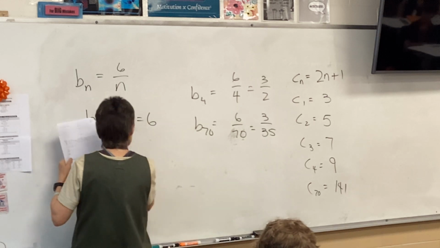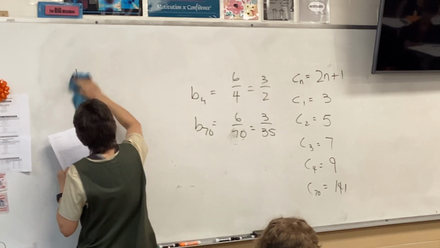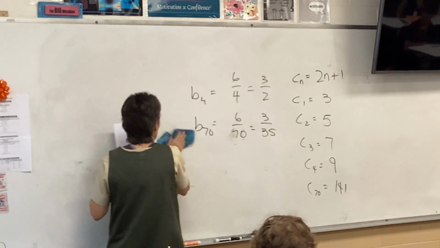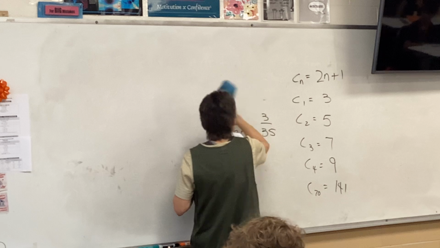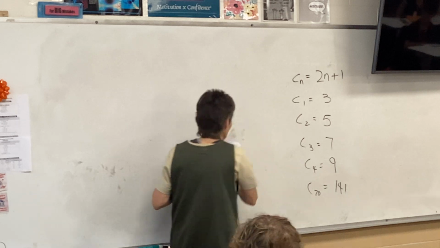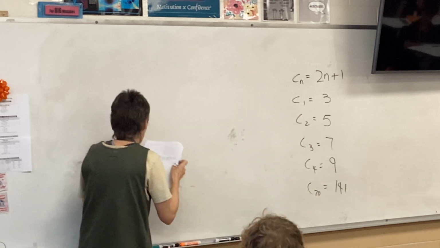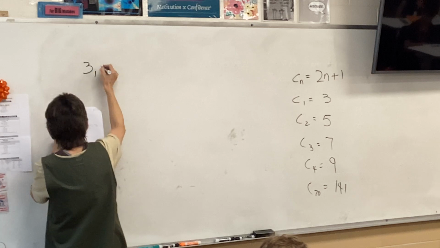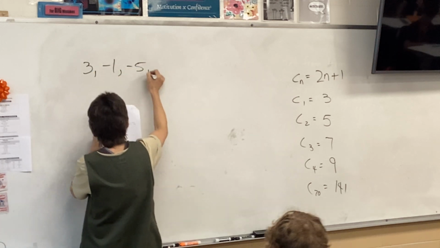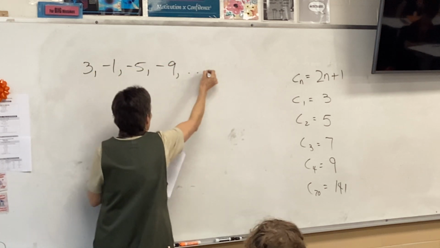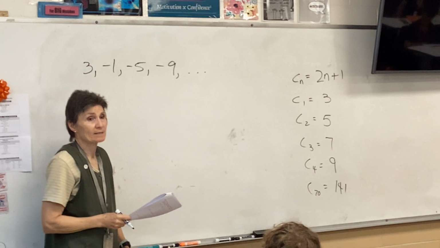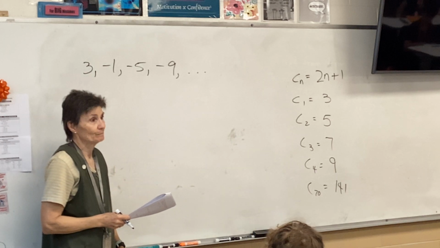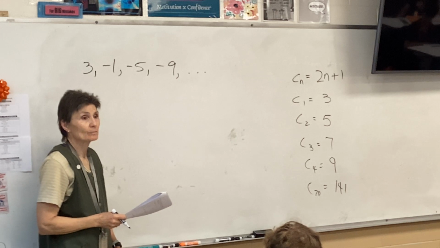Now, let's look at the next one. In the directions, it says that the problem is arithmetic. If they hadn't told you that, would you be able to tell that that sequence is arithmetic? Yes, right?